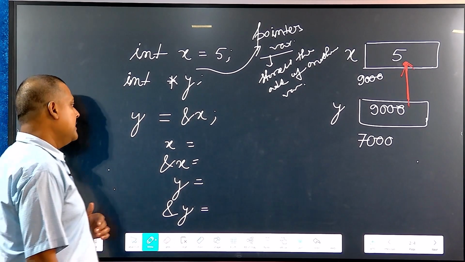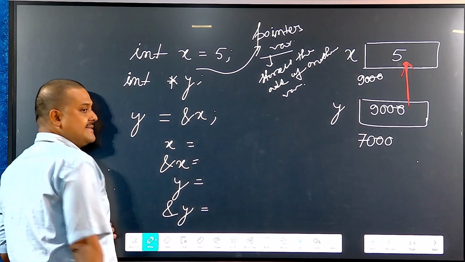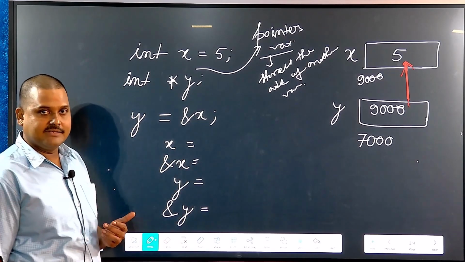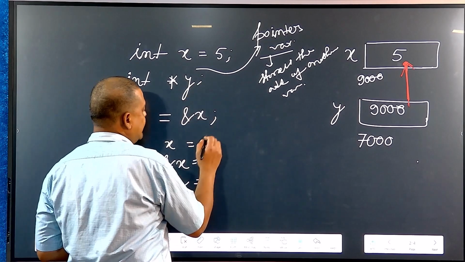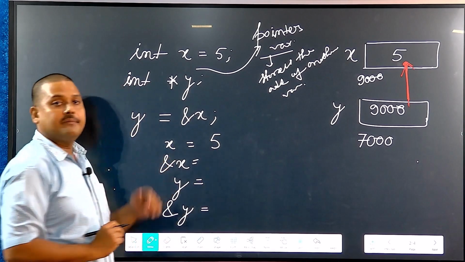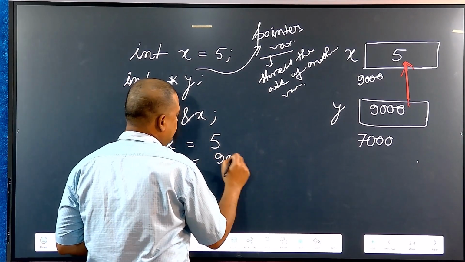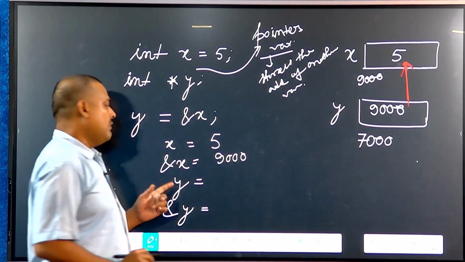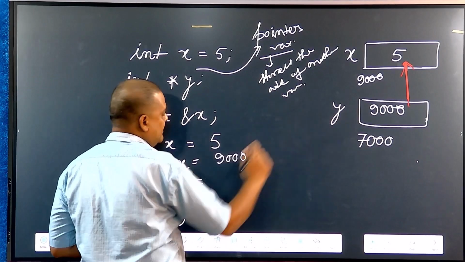You can pause the video, think about this, and come back again. So, if I write x, the value at x, that is 5. The address of x is 9000. Y, the variable y, is storing what value? 9000.